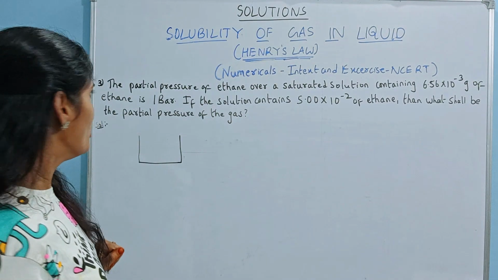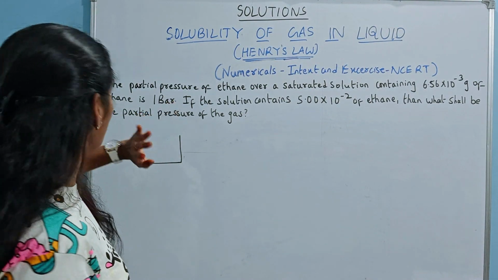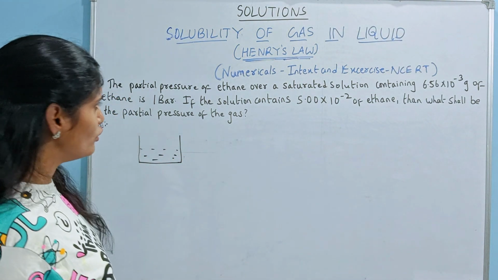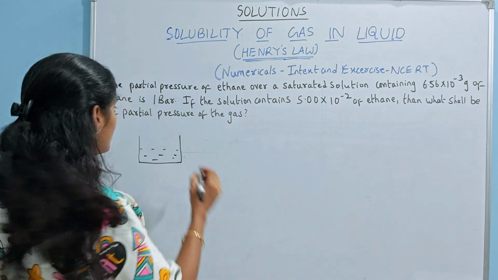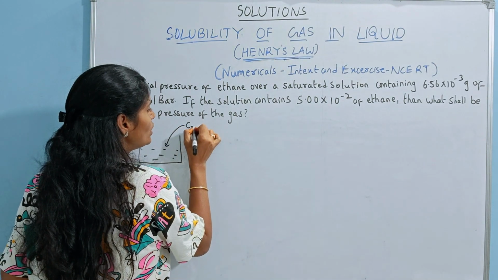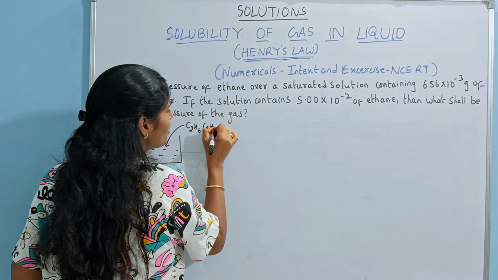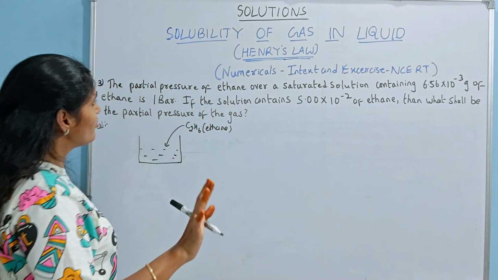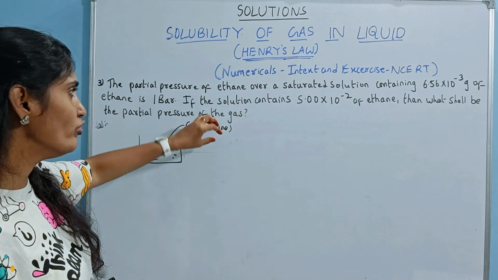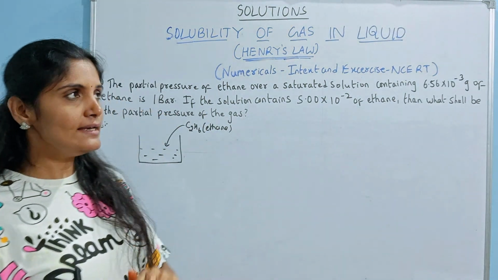Let me explain. Since he has given us a solution, we clearly understand the gas passed into the solution is ethane, C2H6. One thing is clear: the gas is ethane, because he has given the pressure of ethane, which is 1 bar. So the gas being passed is ethane.